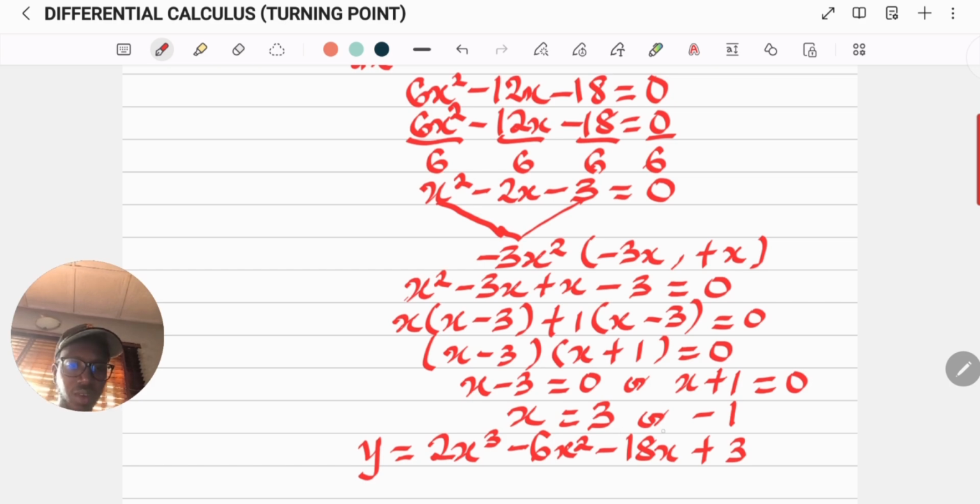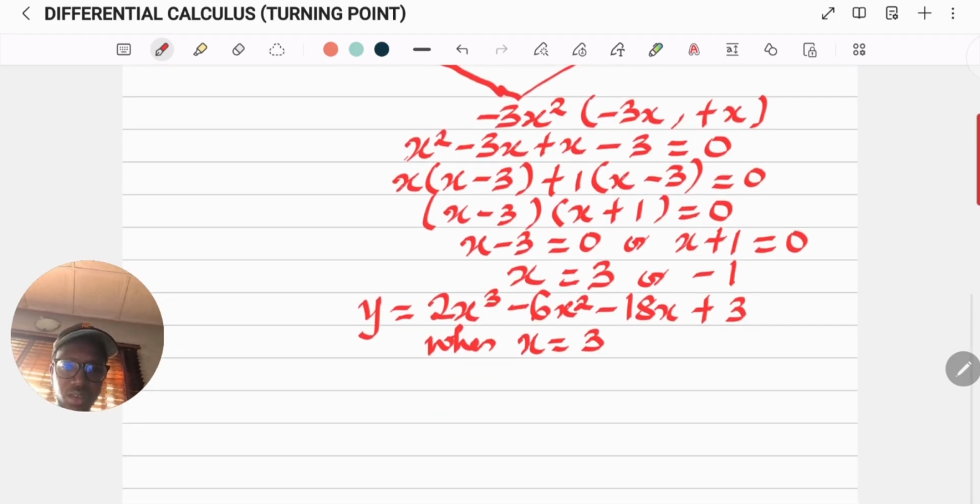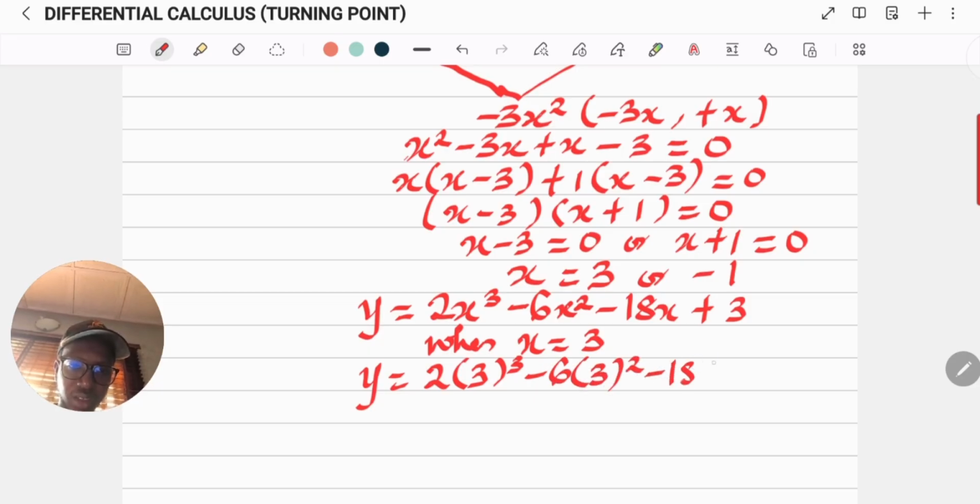Now that we have gotten the value of x as 3 or minus 1, we can now say when x equals 3, we can have y equal to 2 bracket 3 raised to the power of 3 minus 6 bracket 3 raised to the power of 2 minus 18 bracket 3 plus 3.